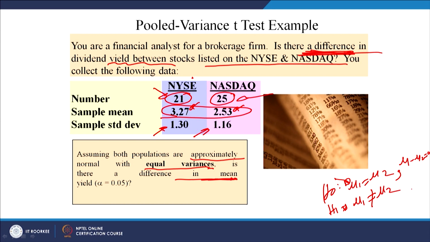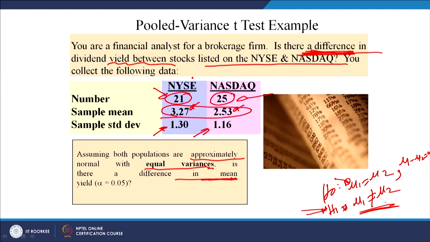So, this is a case of what? It is a t test or z test case. By looking at this you would have understood that this is a two-tail test first of all. But what about t or z test?